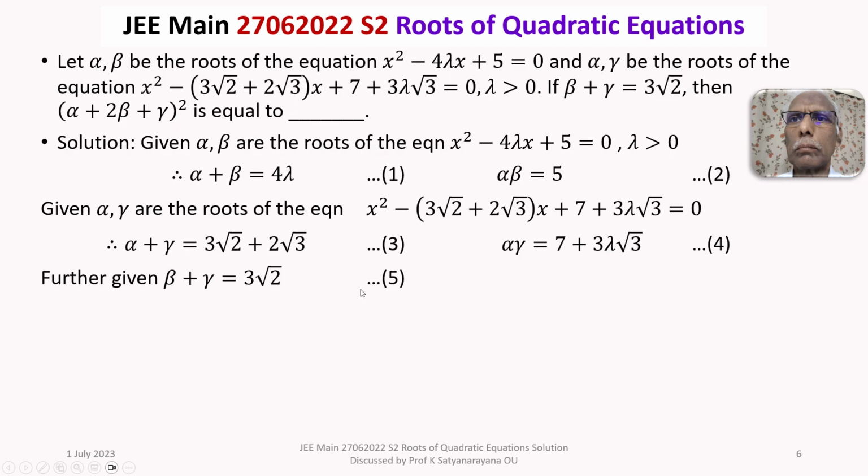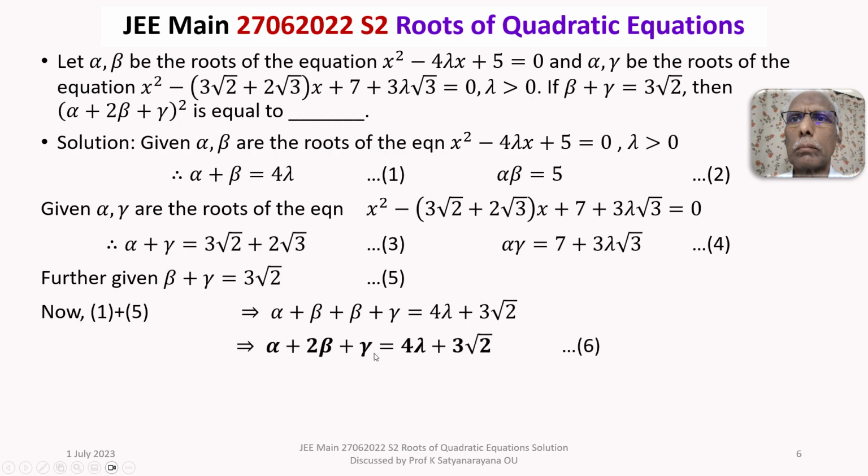So adding equation 1 and 5, alpha plus 2 beta plus gamma is equal to alpha plus beta, which is 4 lambda, plus beta plus gamma, which is 3 root 2. So alpha plus 2 beta plus gamma is equal to 4 lambda plus 3 root 2. Let's call this equation 6.